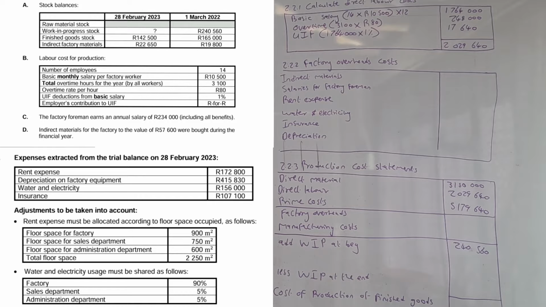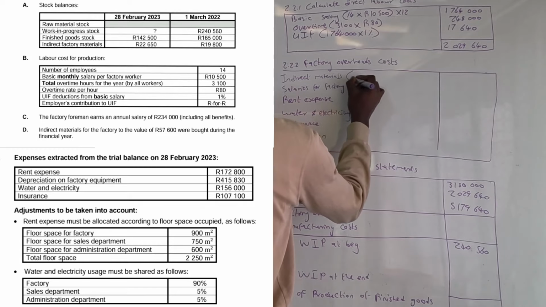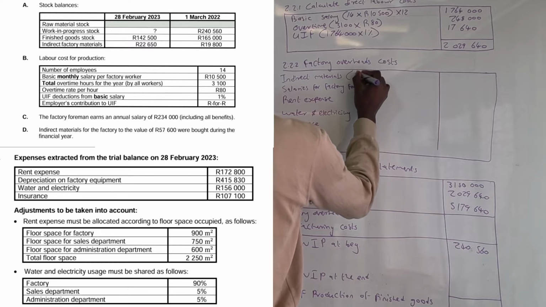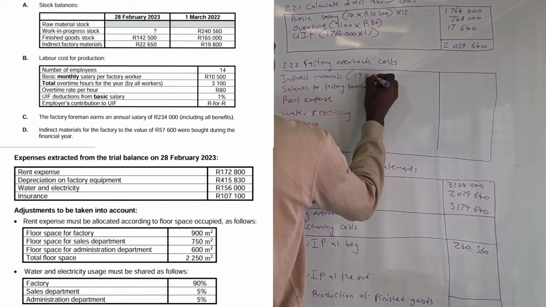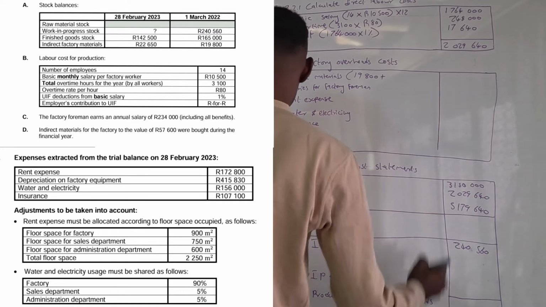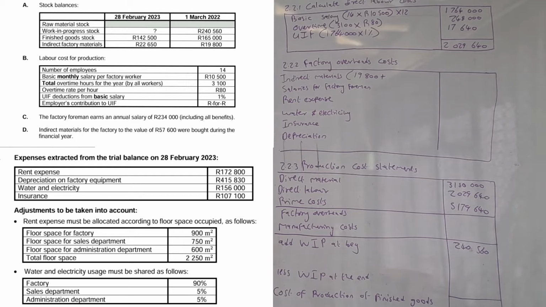Now let's calculate factory overhead cost. Firstly, we have to check under our opening balances. We have indirect factory material. Yes, and you know that we start with opening, which is 19,800 plus purchase. We have a purchase under number D. Indirect material for factory value of 57,600 were bought during the financial year.